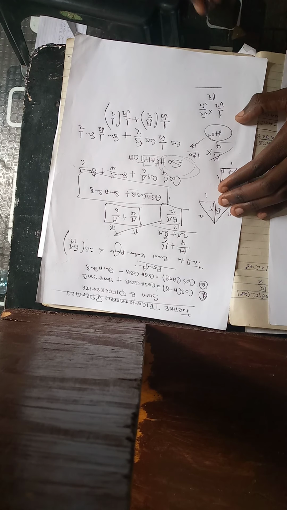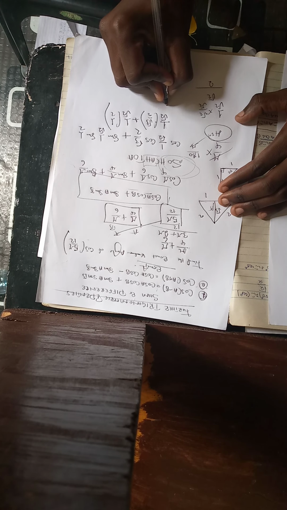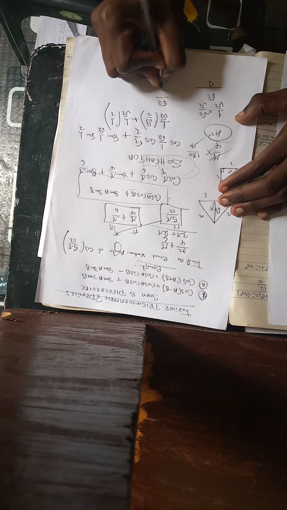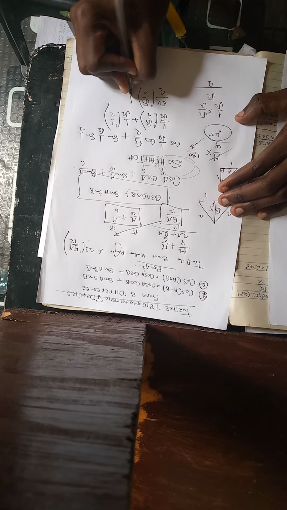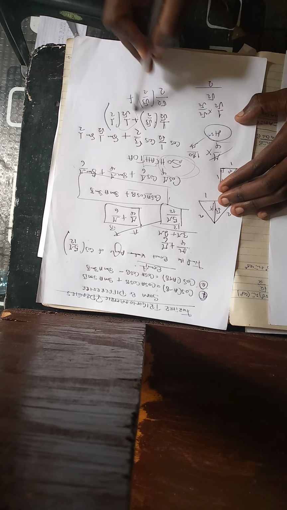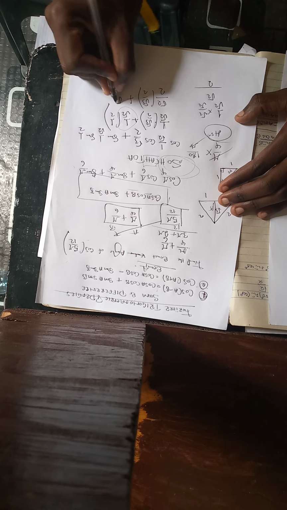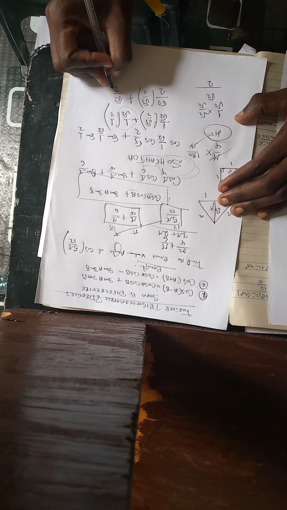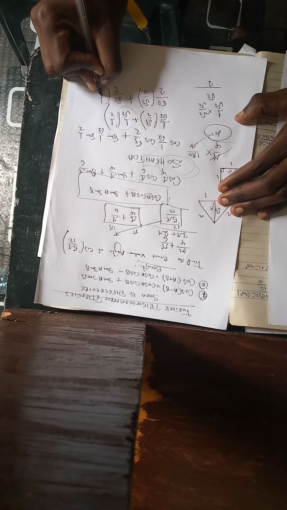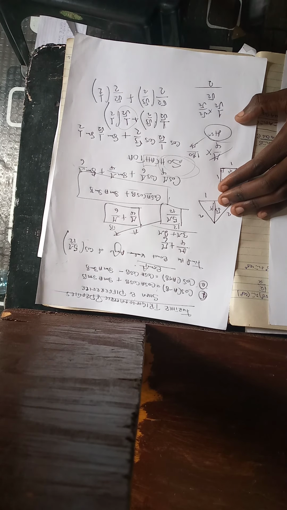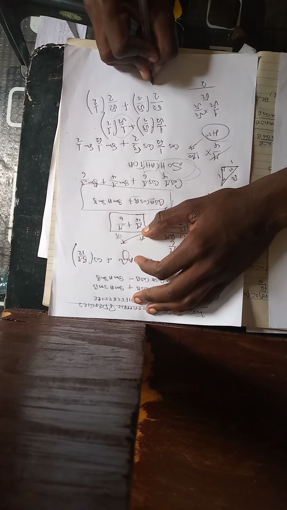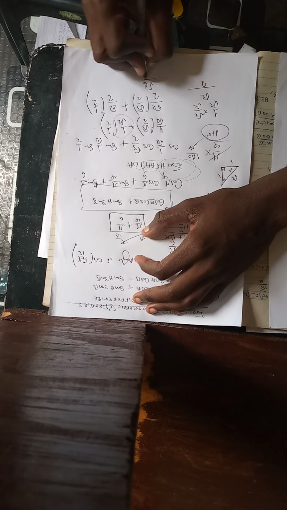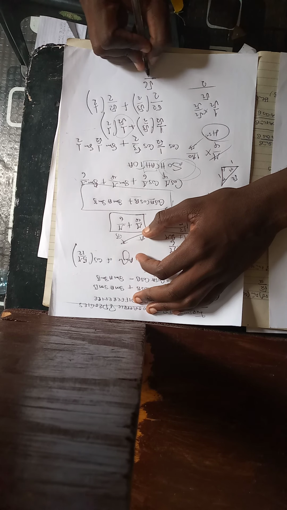Root of 2 times root of 2 is equal to 2. So it will be root of 2 over 2 multiplied by root of 3 over 2, plus the same applied here, root of 2 over 2 multiplied by 1 over 2. If we multiply here, root of 2 multiplied by root of 3 is going to give us root of 6, and then 2 times 2 is equal to 4.